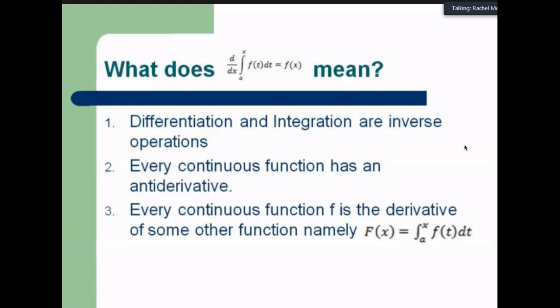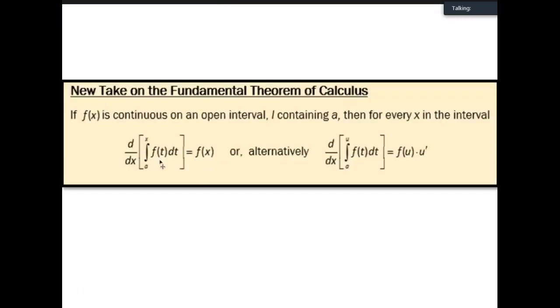So we're now going to take our old fundamental theorem and put a new take on it, which is the derivative of the integral is equal to f of x. And notice how this function goes from f of t, and this goes to f of x. Over here, it goes from the derivative of a to u.